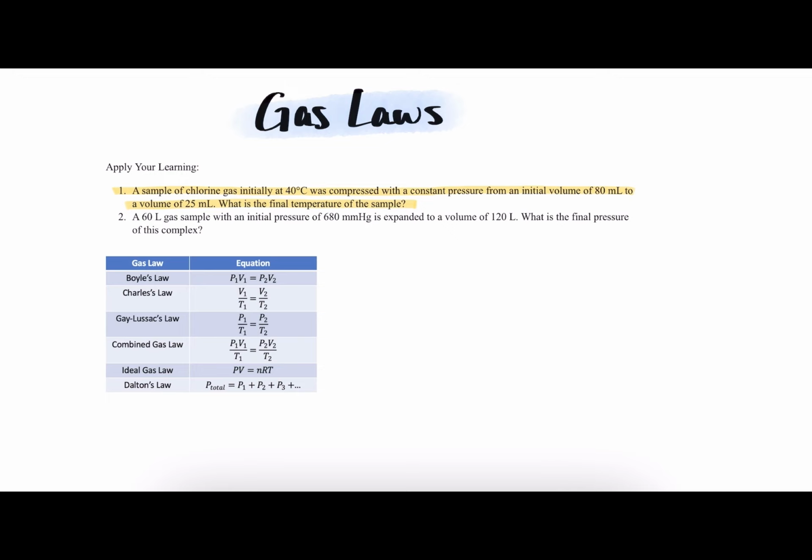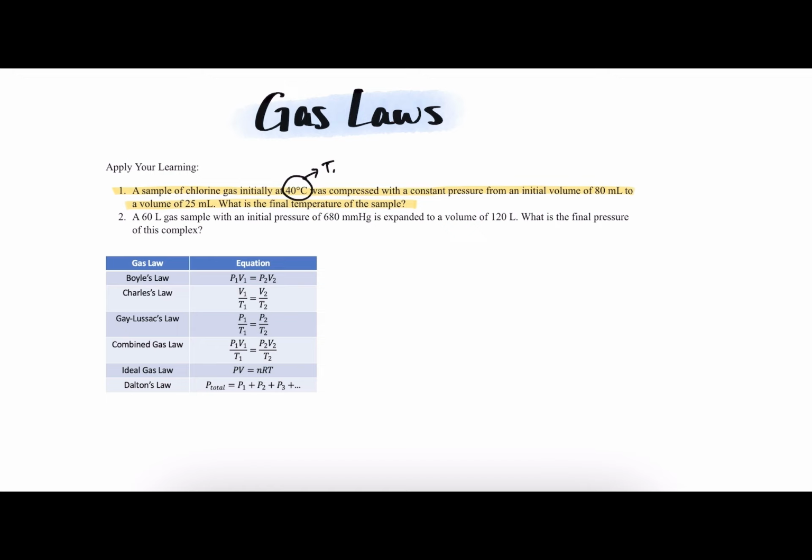When solving gas law problems, I find it easiest to mark the values in the problem with their appropriate variables as I'm reading through it so that you can decide which equation is the most appropriate for the situation. So looking back at the problem, we see that the sample of chlorine gas is initially at 40 degrees Celsius. So we know that that can be labeled as T1, or the initial temperature.